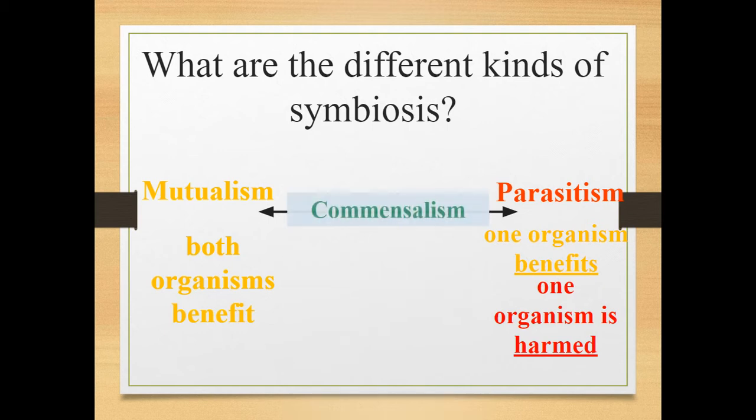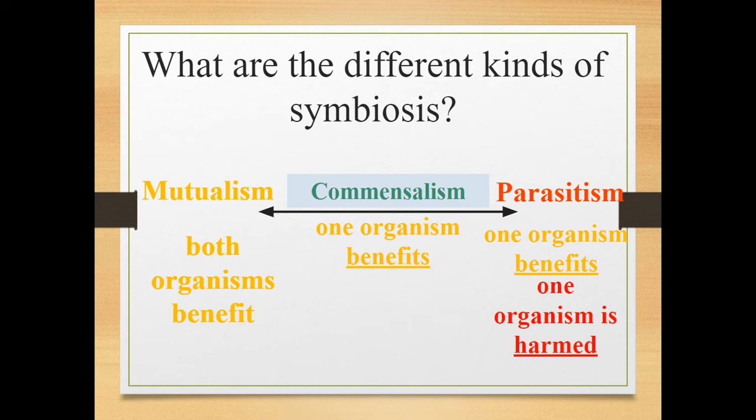And then there's a middle one called commensalism. So commensalism is where one organism benefits, but the other organism doesn't care. It's not affected. So an example of commensalism might be if you have ever seen birds near cows. I think this might be an example later, but it's the first one that popped in my head.